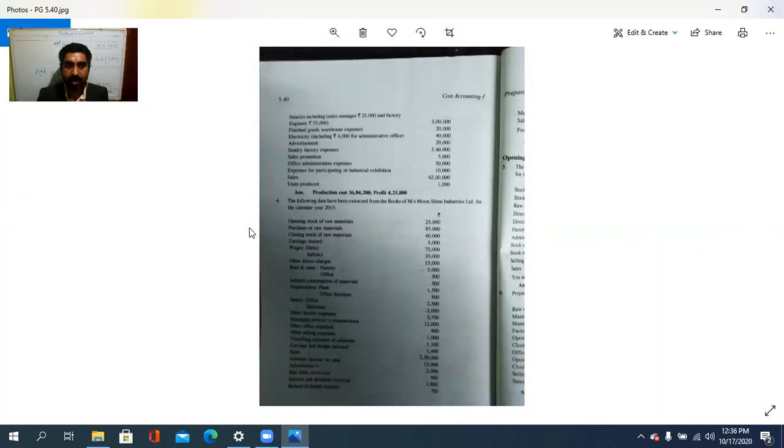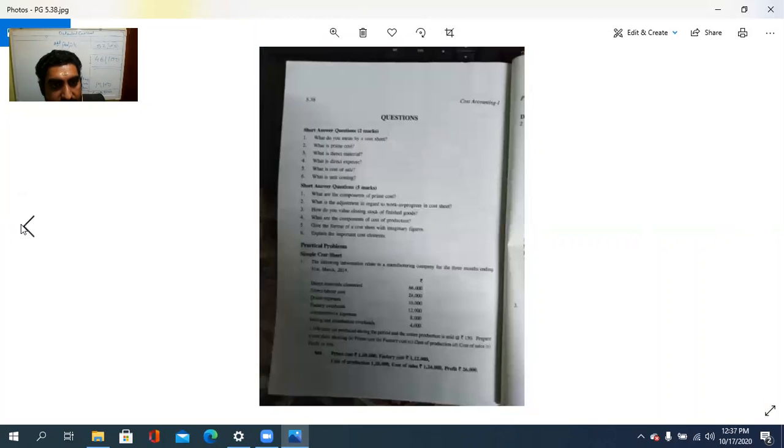So there is enough time. Today is Saturday, Sunday, Monday, better next Friday. Okay, no problem. Next Friday, before the puja holidays open, you need to submit it. So enough time is there. Question number 2 and 4 I will share with you through WhatsApp separately. So this is the detailed cost sheet.